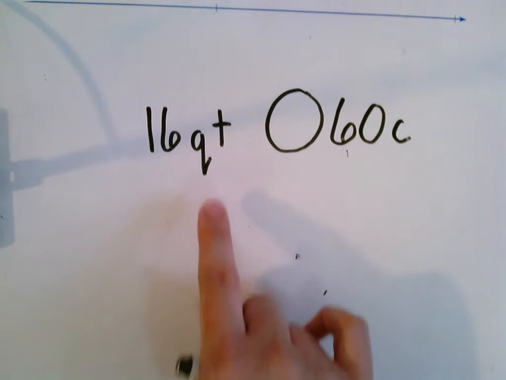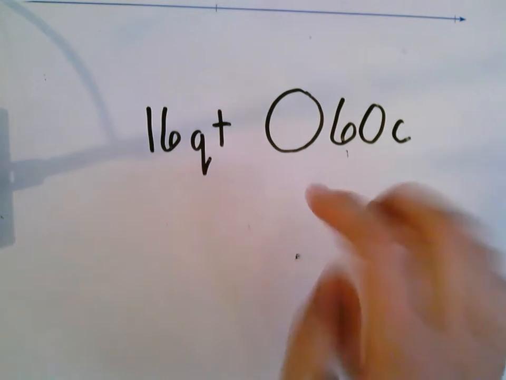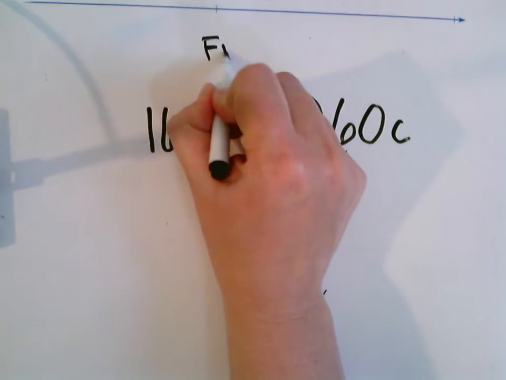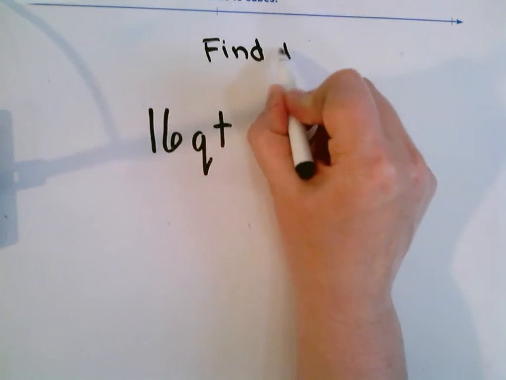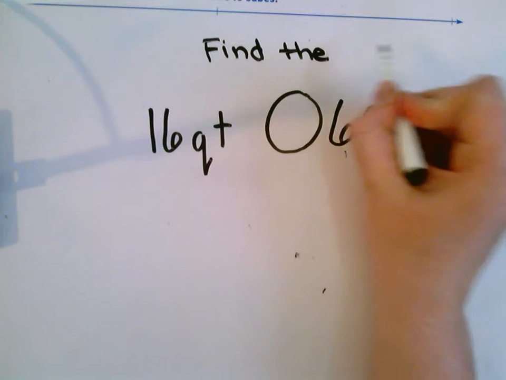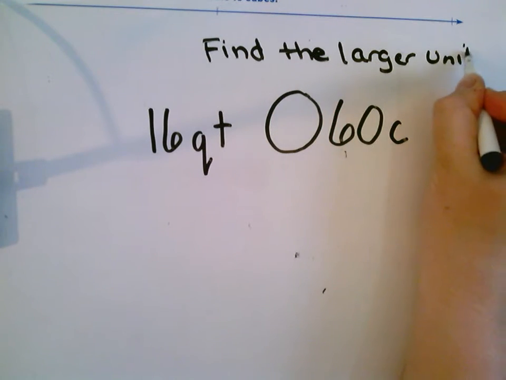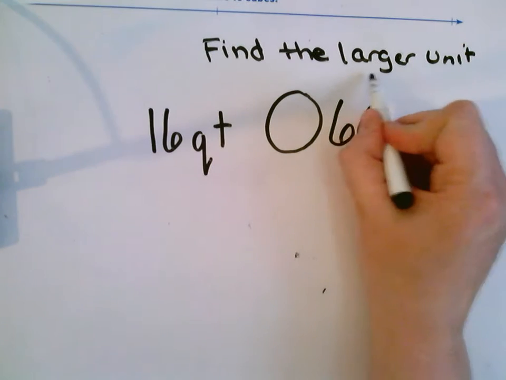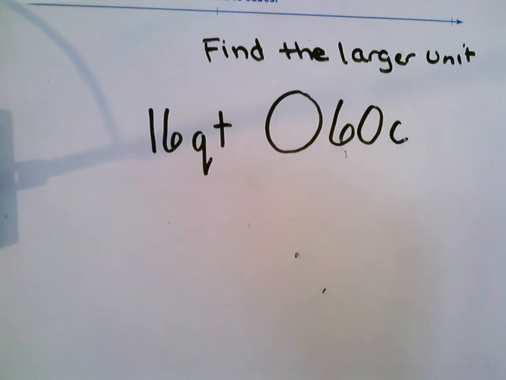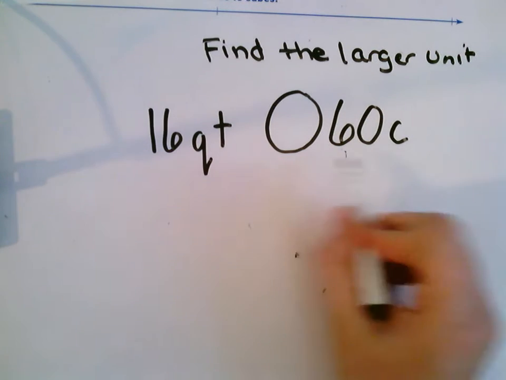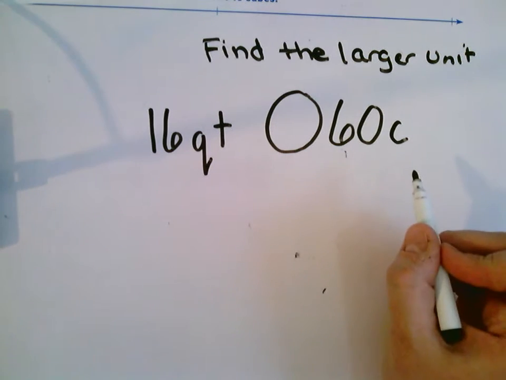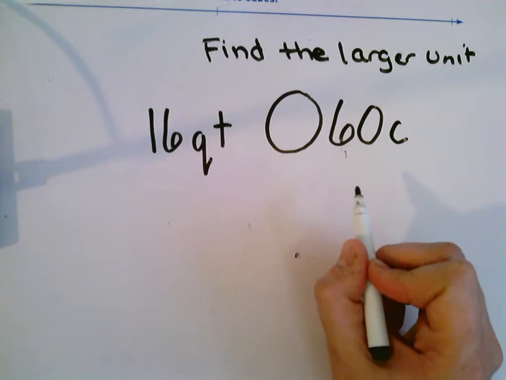All right, so the trick with comparing is we're always going to find the larger unit, because when we move from the larger to smaller, we multiply, and multiplying is so much easier than dividing. So my trick is always find the larger unit, so you have to multiply to find an equivalent unit, okay?